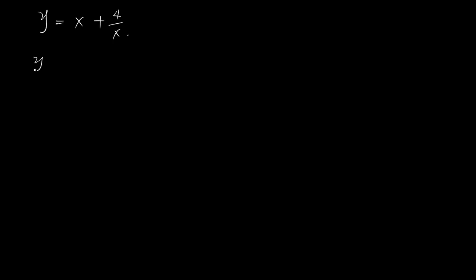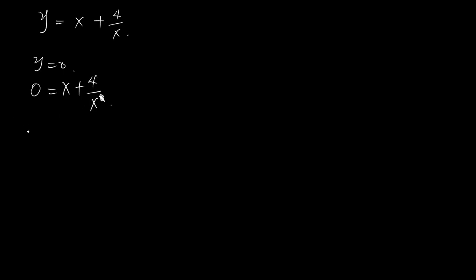Now, where y is equal to 0, what is your x? Let's look at the boundary conditions here. So we have 0 equal to x plus 4 all over x. Sorry, all over x.